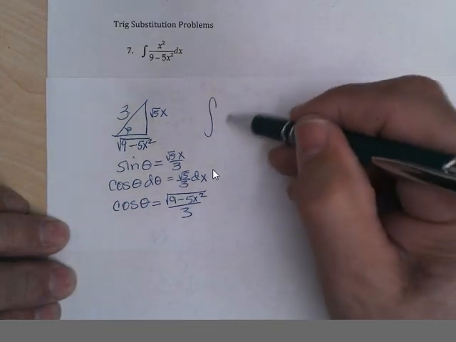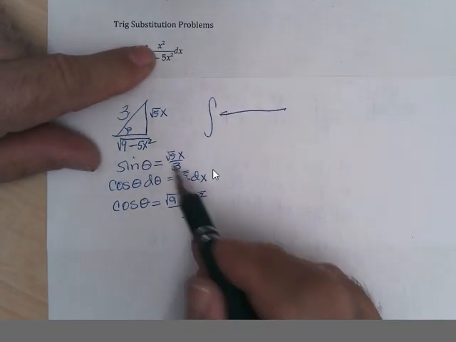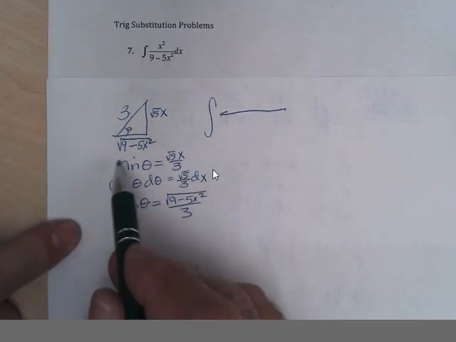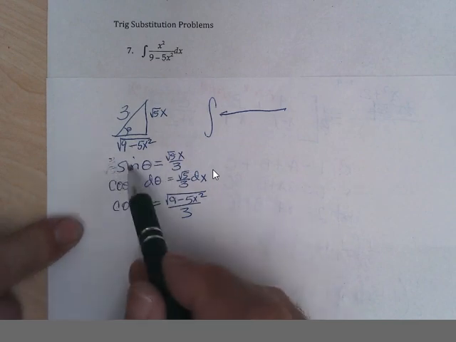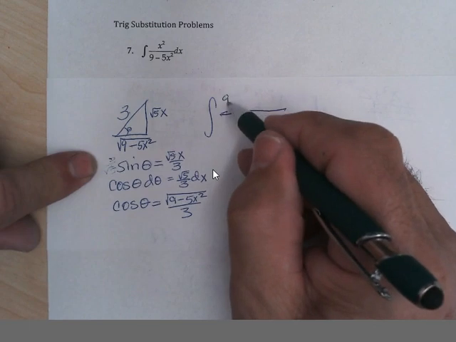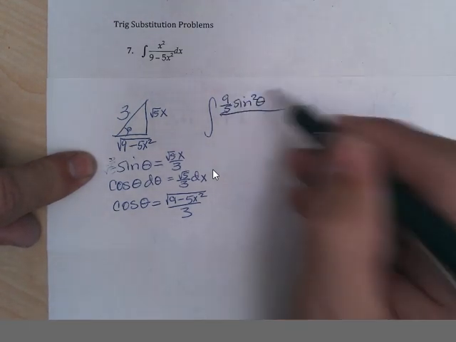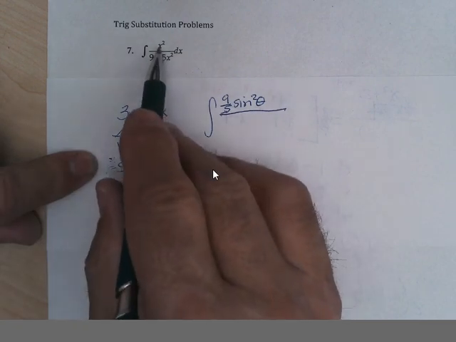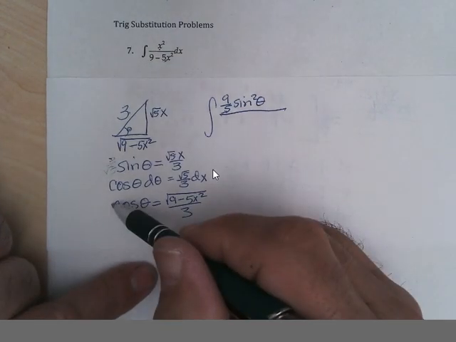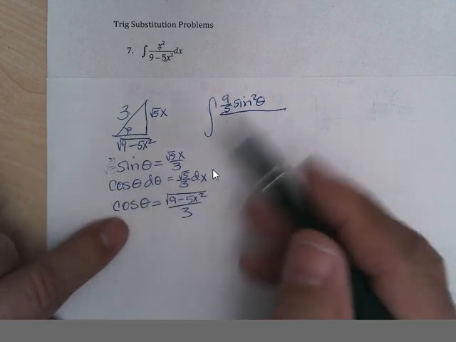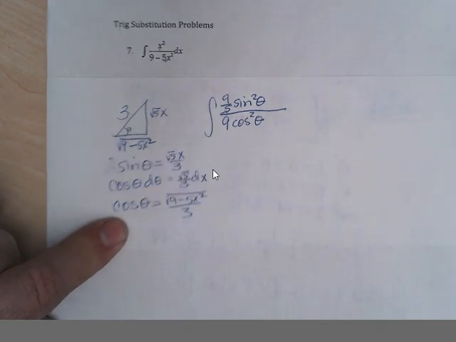So this integral would change to, see, x squared, multiplying both sides by 3 over the square root of 5, and then squaring it would be 9 over 5 sine squared theta. That's the x squared. This mess would be 3 cosine theta, but I'd have to square it, so it's going to be 9 cosine squared theta.